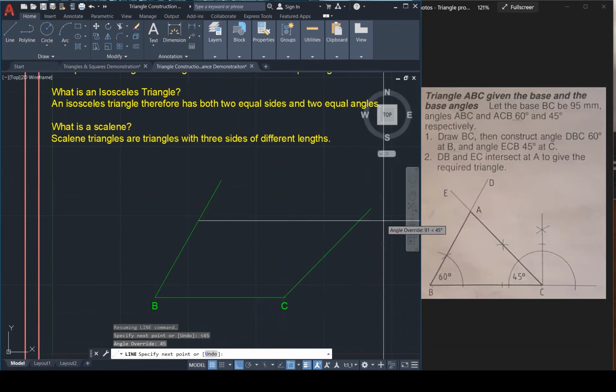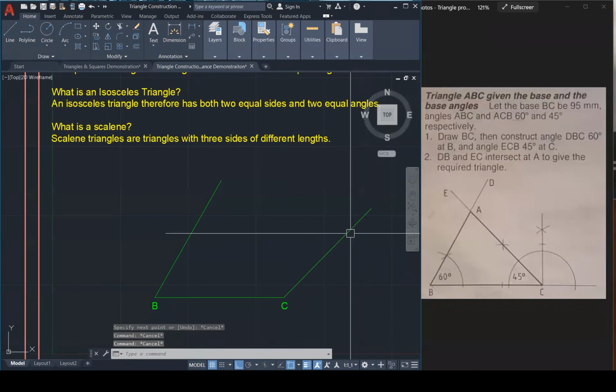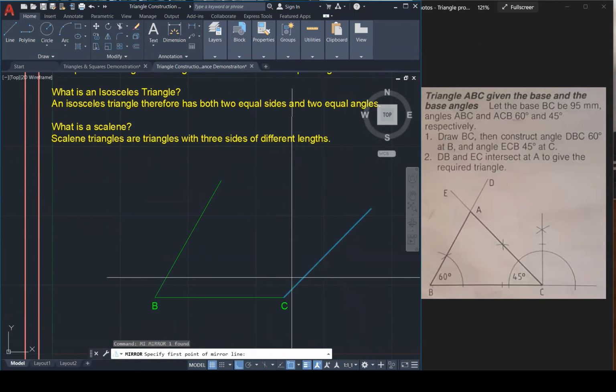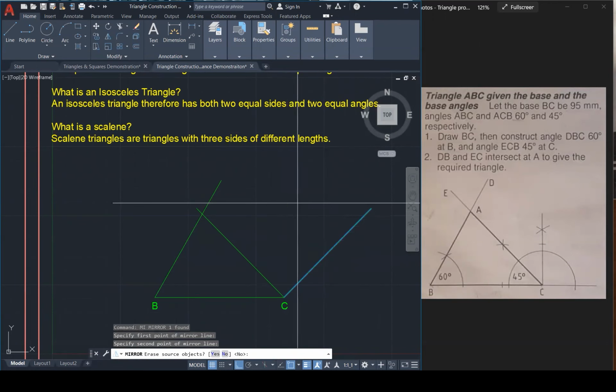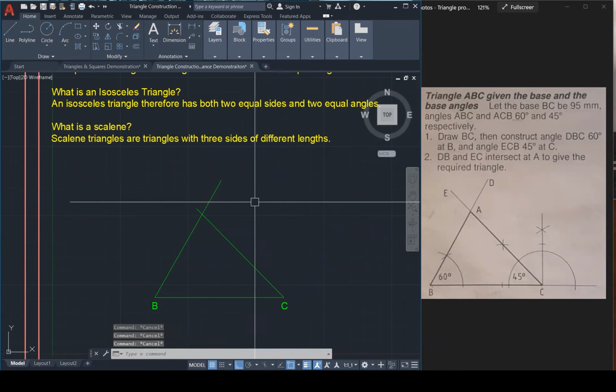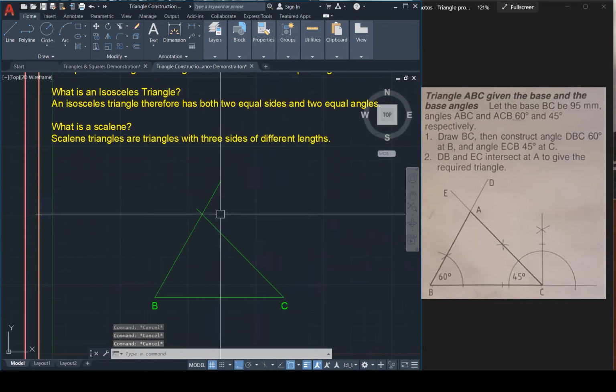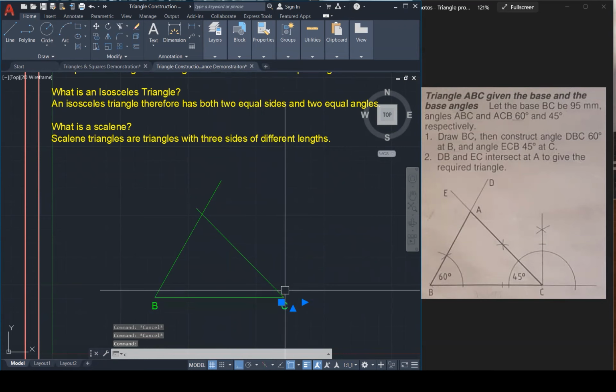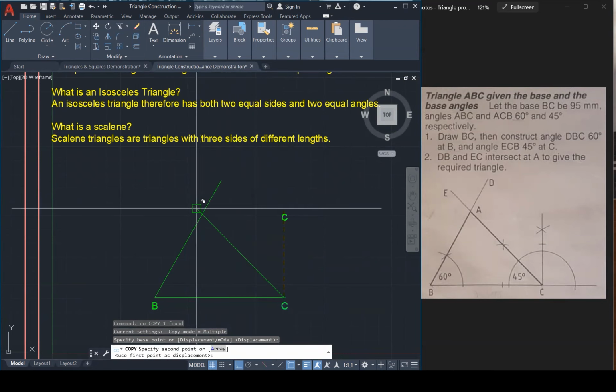Okay, the 45 is going on this side, so what I really wanted was 135. But I'm just going to mirror it and erase the source object. So right here where it intersects is my A. So I'm going to copy and put my A in.